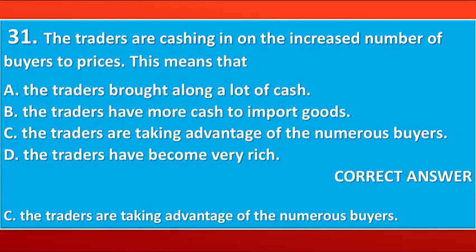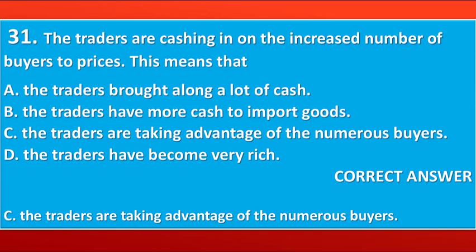Question 31. The traders are cashing in on the increased number of buyers to raise prices. This means that A. The traders brought along a lot of cash. B. The traders have more cash to import goods.